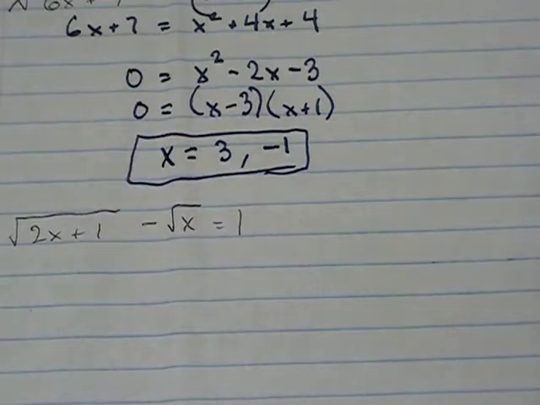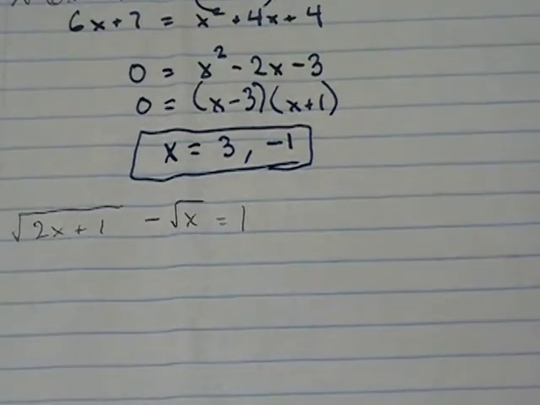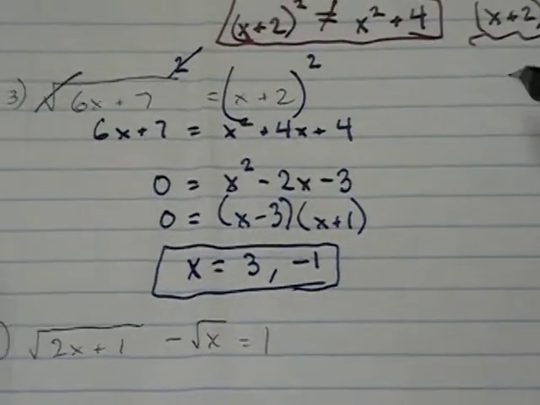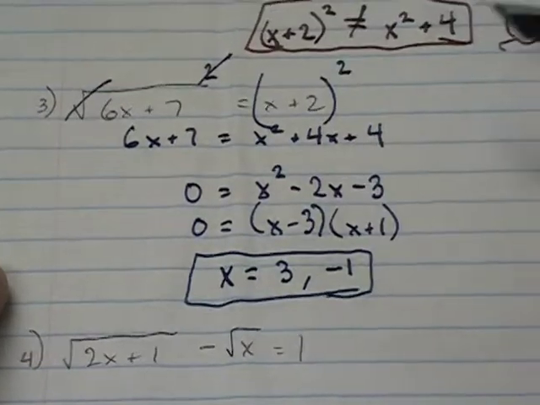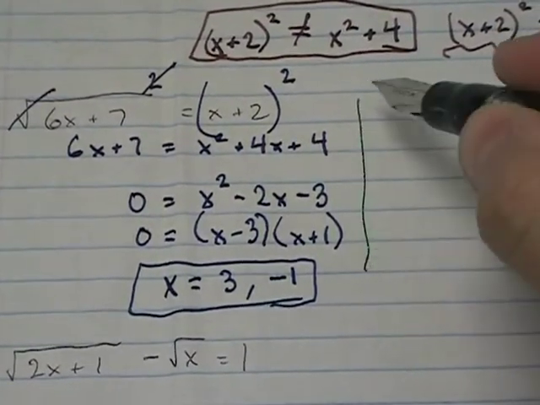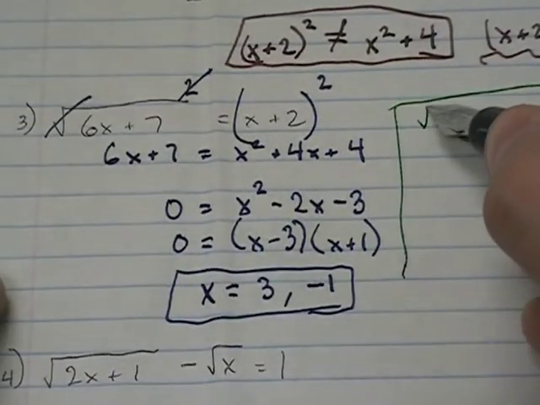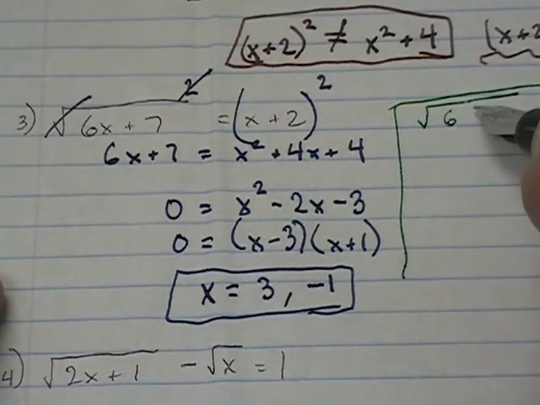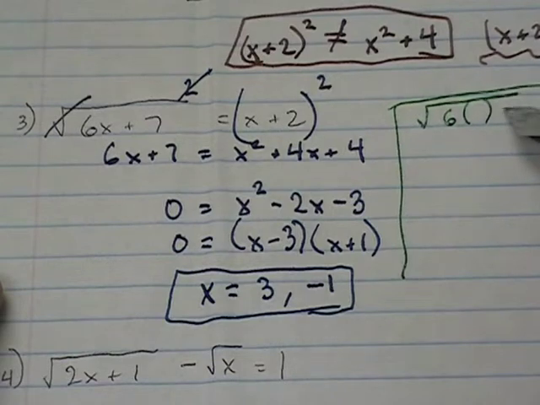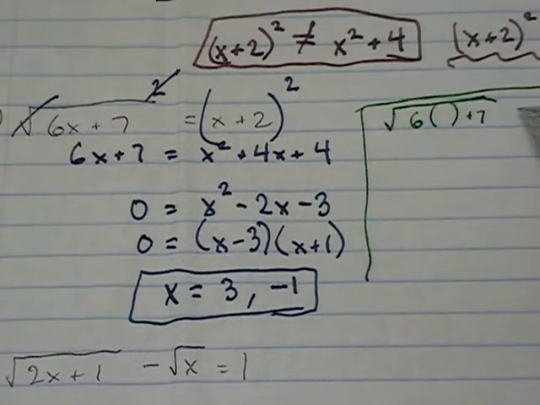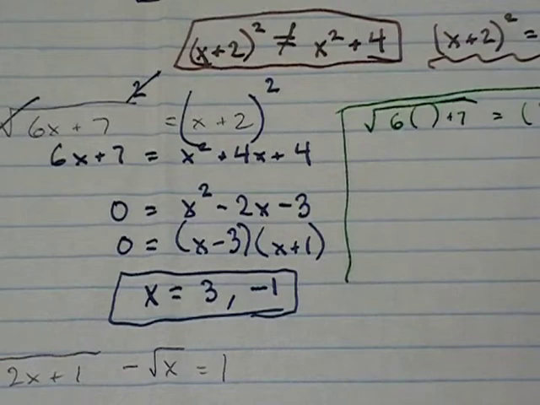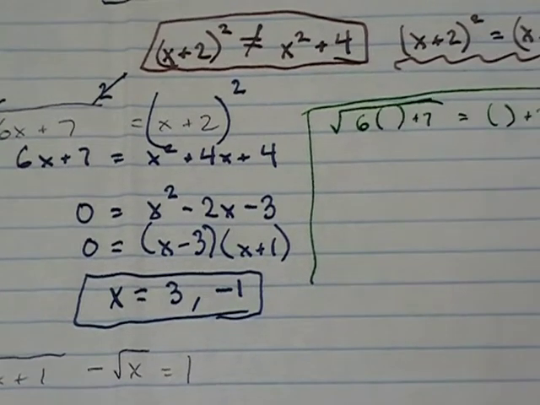The last thing I need to do before I continue is to check my solutions. The way I'm going to do that is take my original equation, and I use a different color to check my solutions. So I say the square root of 6 times x plus 7 equals x plus 2.